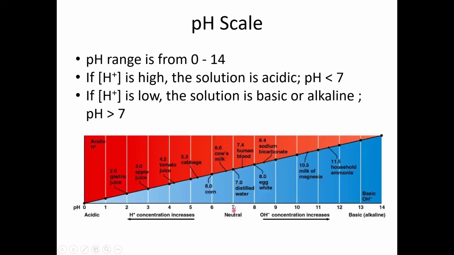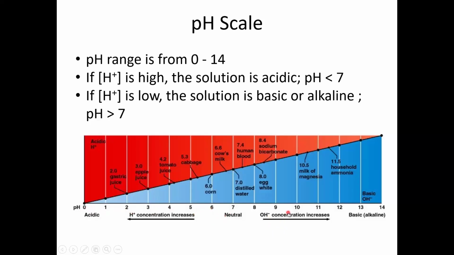7 is identified as the neutral pH. If we find the pH of the solution to be 7, it means there is no acid and no base in the solution, just a salt is present. If we move towards the left side, the acidity or hydrogen ion concentration increases, and if the solution has pH 1, 2, or 3, or from 0 to 6, the solution is said to be acidic.